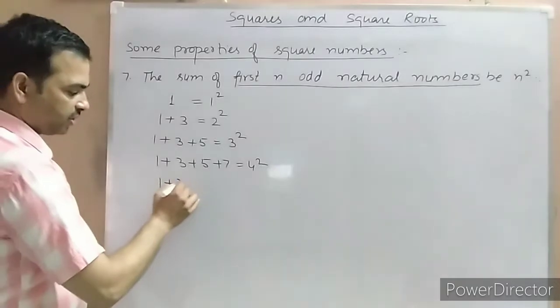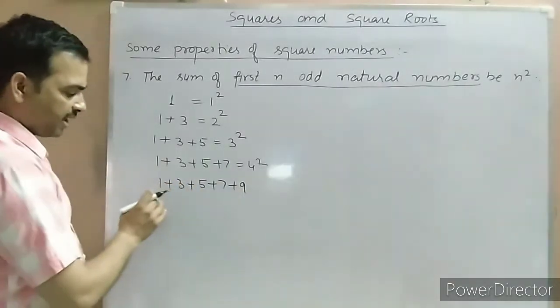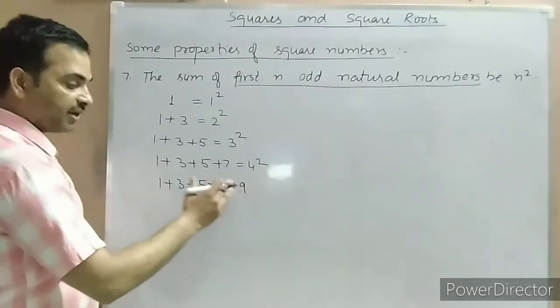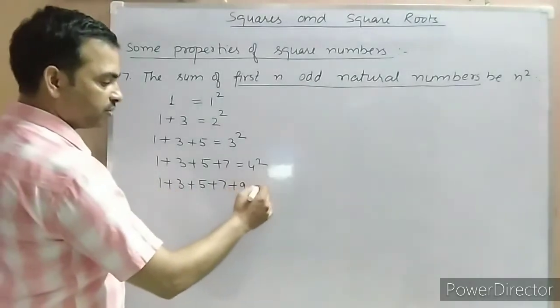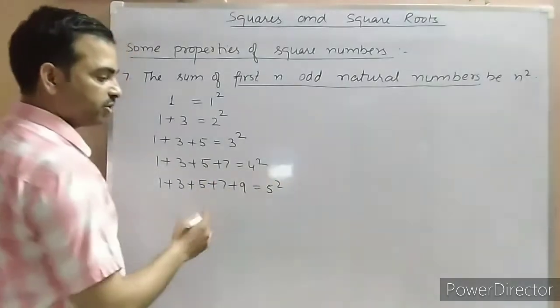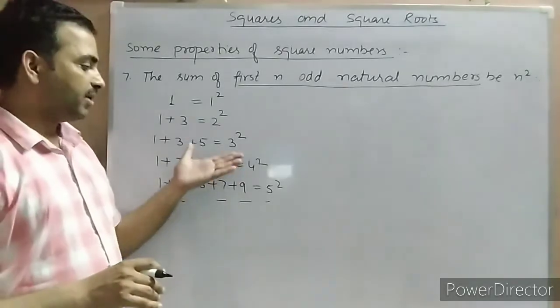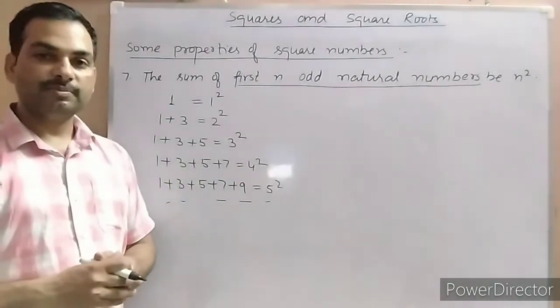Again, 1 plus 3 plus 5 plus 7 plus 9: these are the first 5 odd natural numbers, so the sum is 5 square, and so on. What is the concept of this property?